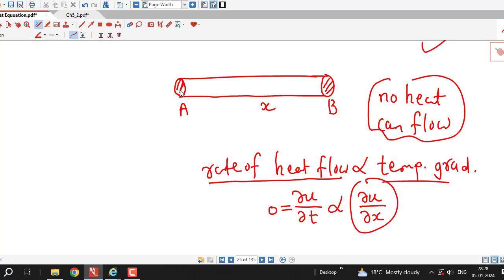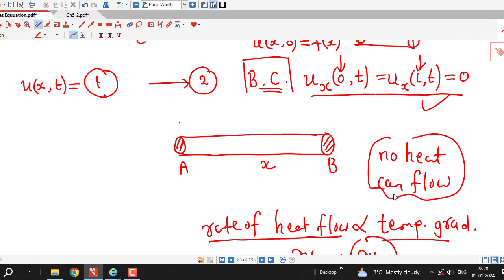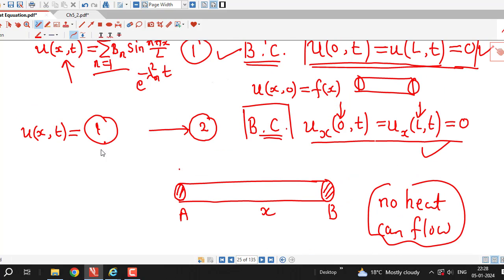So if both the ends of the bar are insulated, that means the temperature gradient is 0 at both the endpoints.